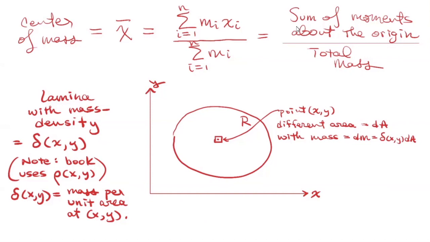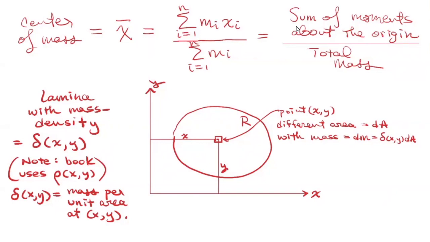And the x-coordinate is the distance to the y-axis. So we're going to be using distances to the y-axis, which are x, to find the x-coordinate of the center of mass, and distances to the x-axis, which are y, for the y-coordinate of the center of mass. Okay?